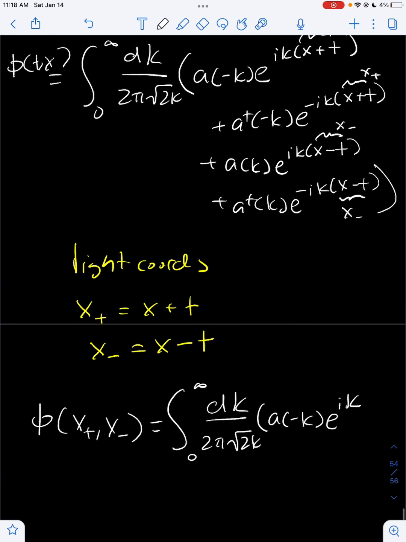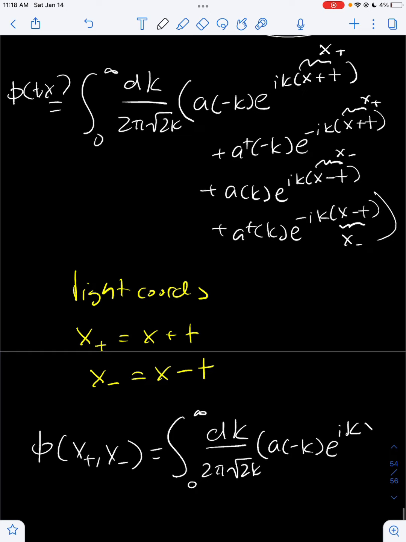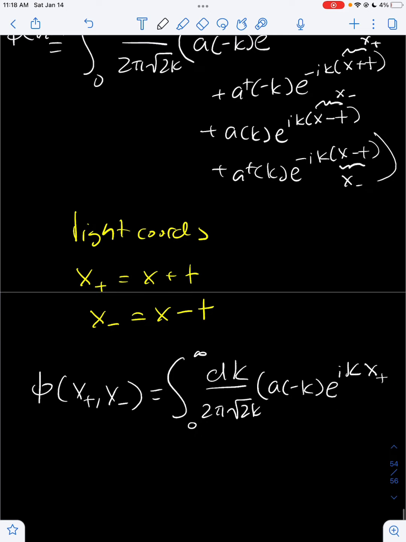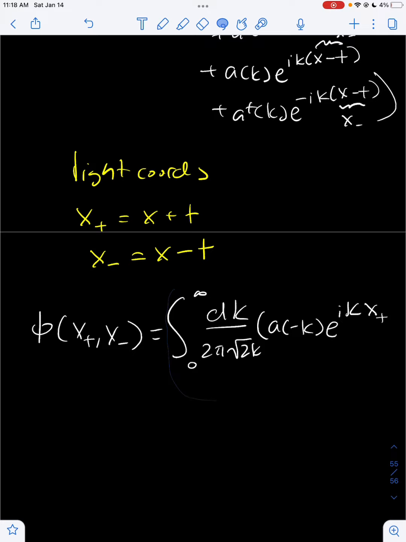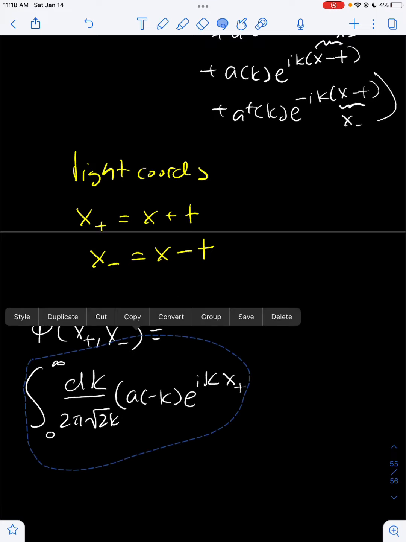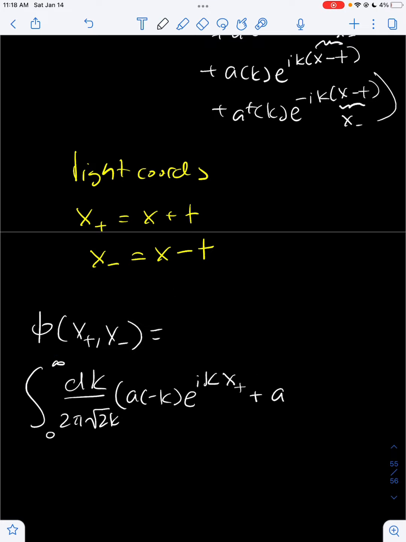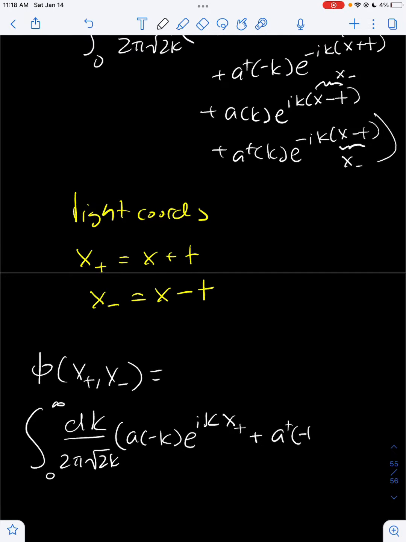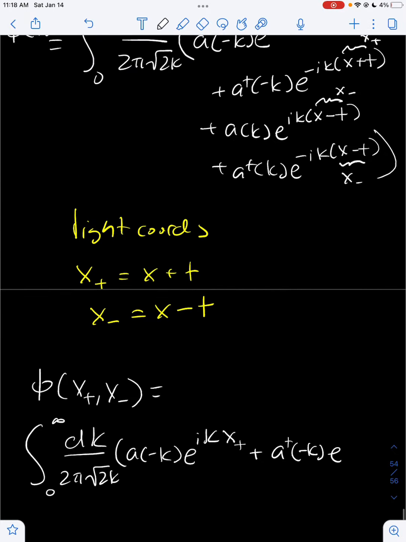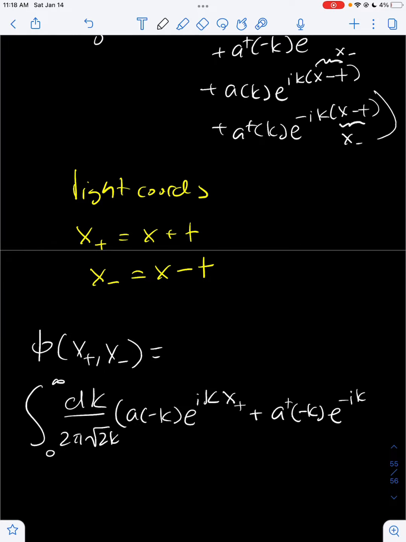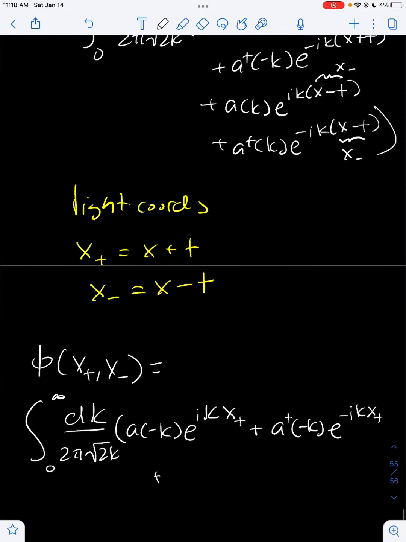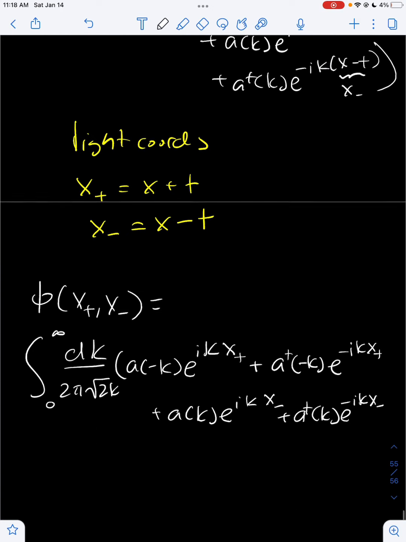We're running out of space, so let me move this over here, plus a conjugate of minus k e to the minus i k x plus, plus a of k e to the i k x minus, plus a conjugate k e to the minus i k x minus.